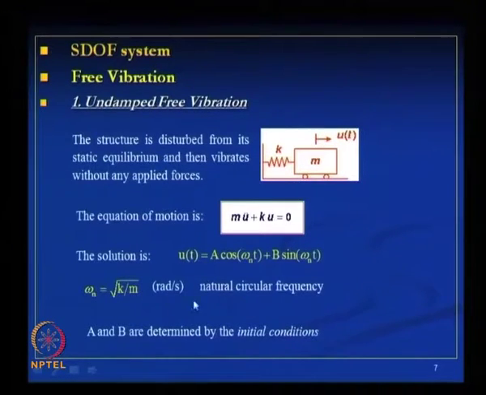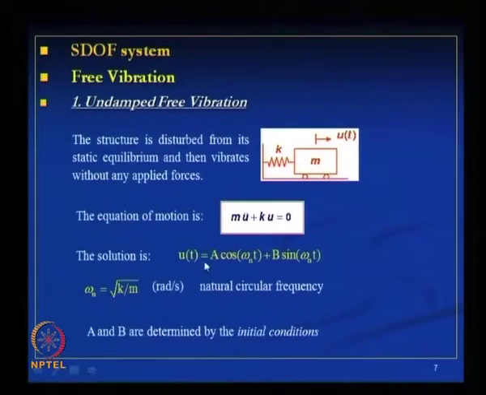So, that natural circular frequency depends on only these two parameters k and m, but not on the initial displacement or initial velocity or, in general, the initial condition.